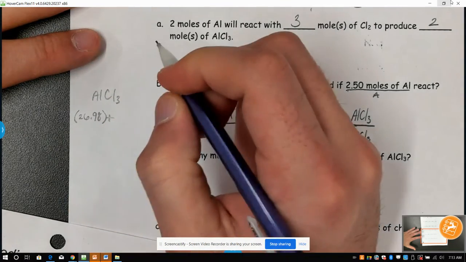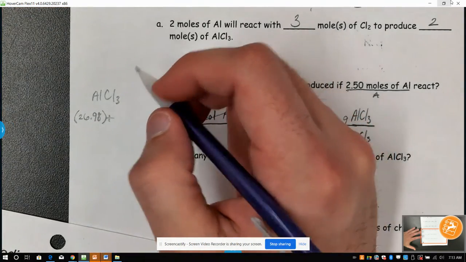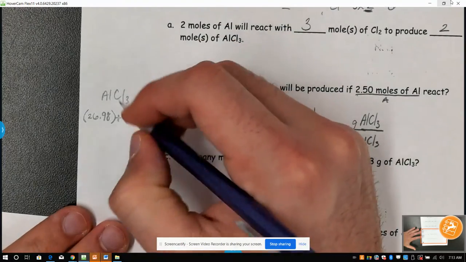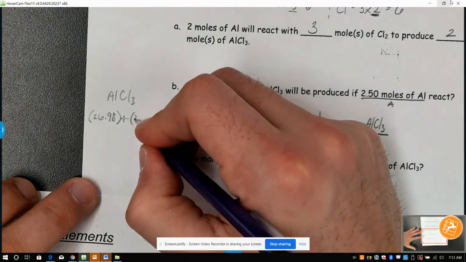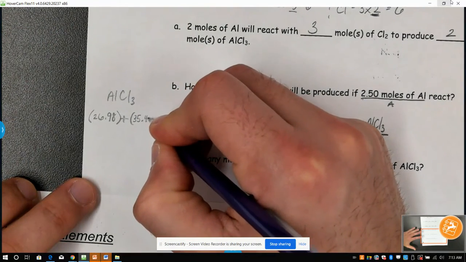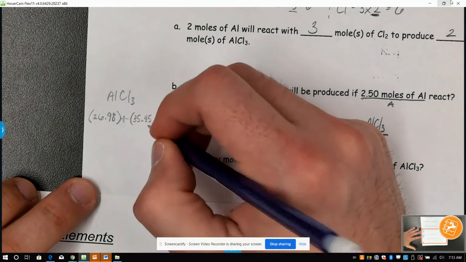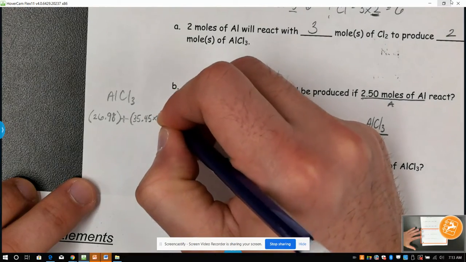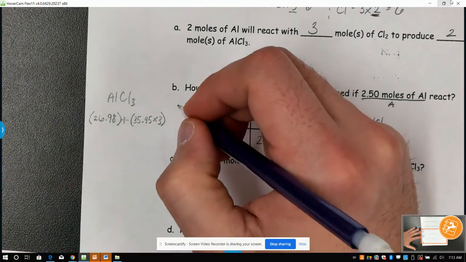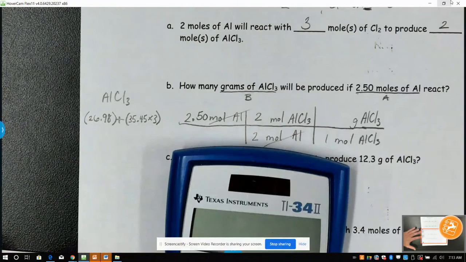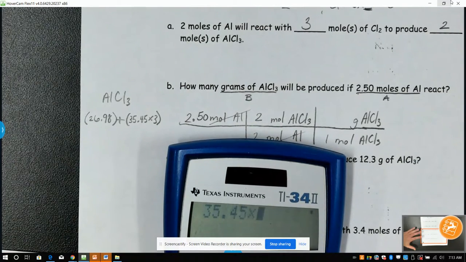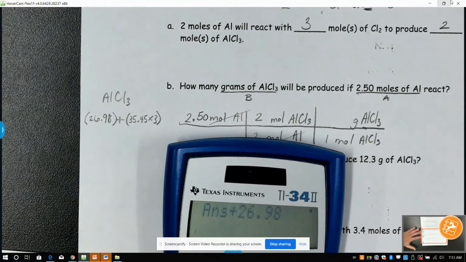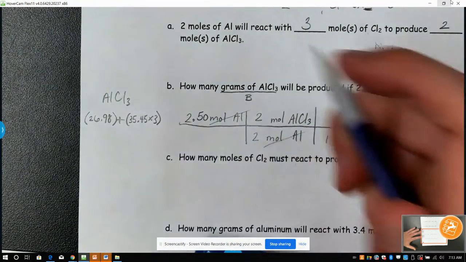Plus, what is chlorine? I know that one, 35.45. But how many chlorine do we have? We have 3, so I'm going to multiply that by 3. I'm going to throw this into the calculator real quick. 35.45 times 3, and then add 26.98, and we get 133.33.